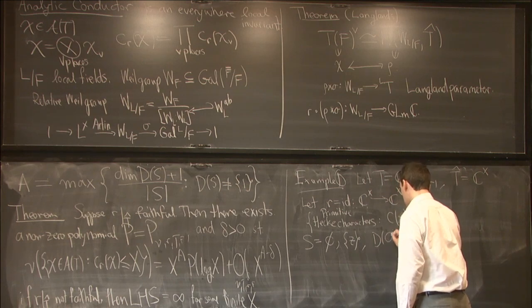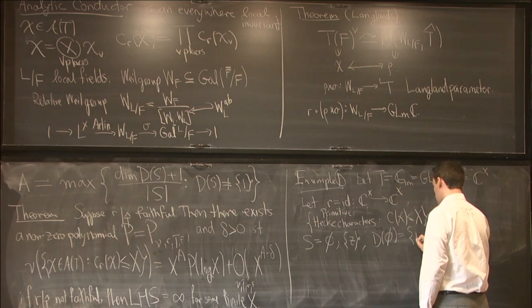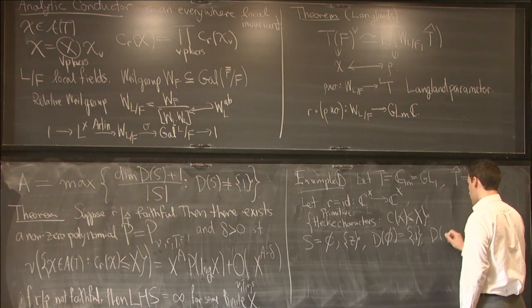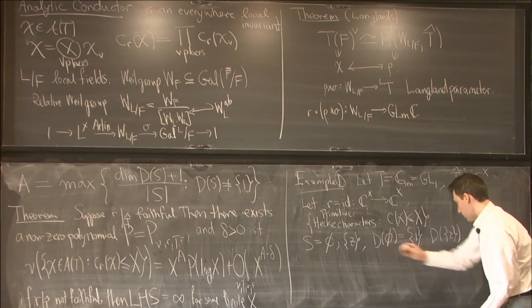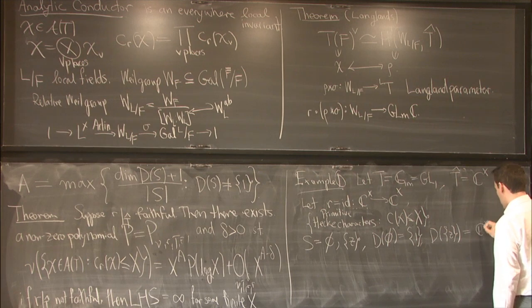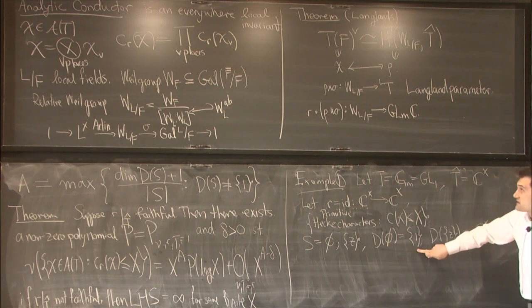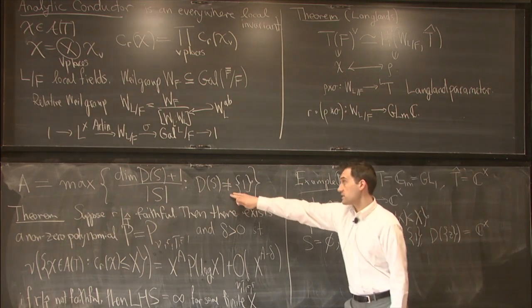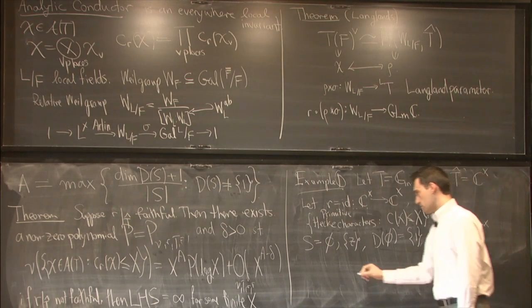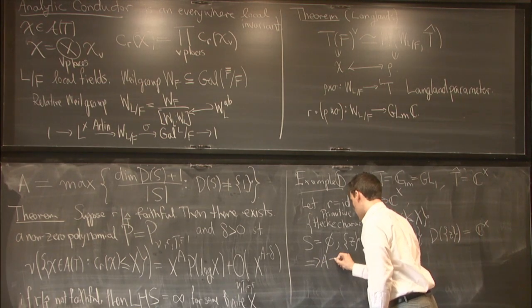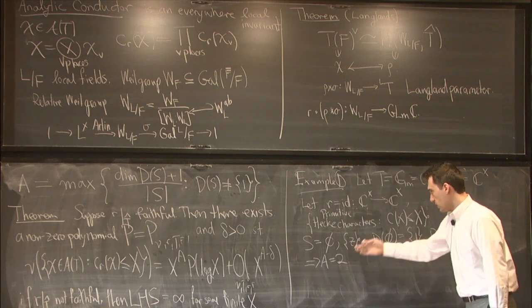So here D of the empty set is just 1, and D of the whole thing is C cross. This set is disallowed by this condition. So there's only one set in this max, and the answer is 2. So this implies A is equal to 2, which is what we expect.